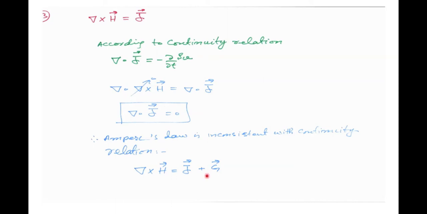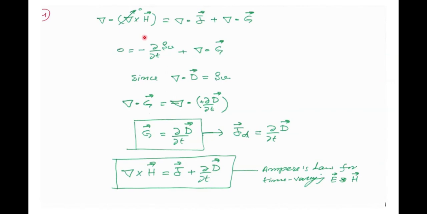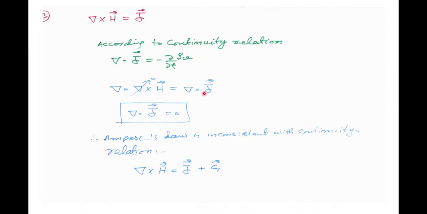So let us add an additional term G vector, and again apply divergence on both sides. As we know, the divergence of curl is always equal to 0. Now using the continuity relation, del dot J equal to minus partial by partial t of rho v.